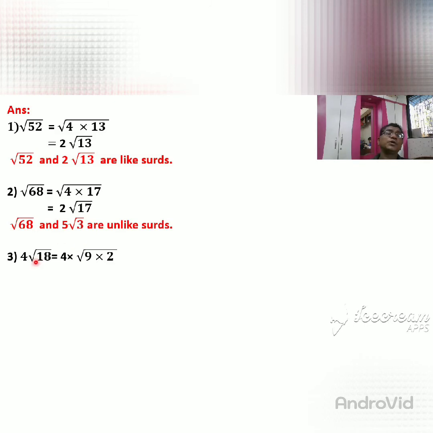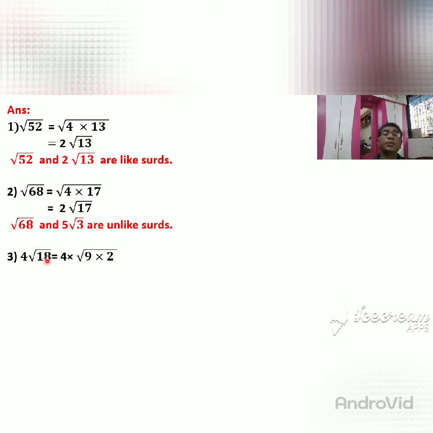Then problem number 3: 4 square root 18. 4 remains as it is. 18 can be factorized in such a way that one number's square root can be obtained. Why find the square root only here? Because no order is given, so the order is 2.